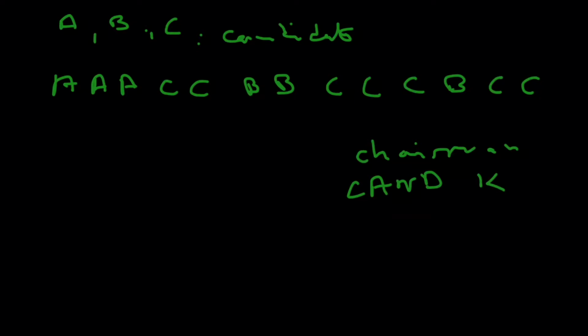Okay, so we start out in this A, and so we have the candidate now is A, and we increment K by 1. Then we move to this A here, and we find an A, so we increment this counter here to 2.